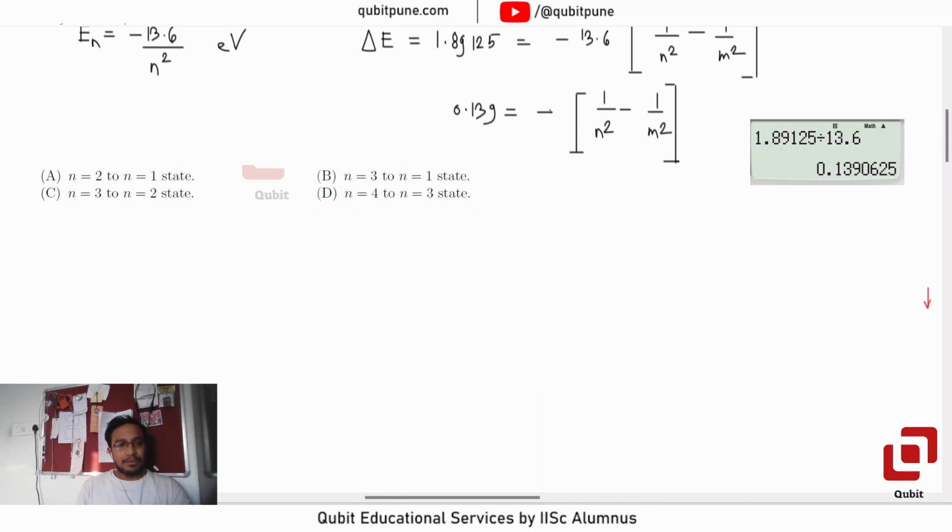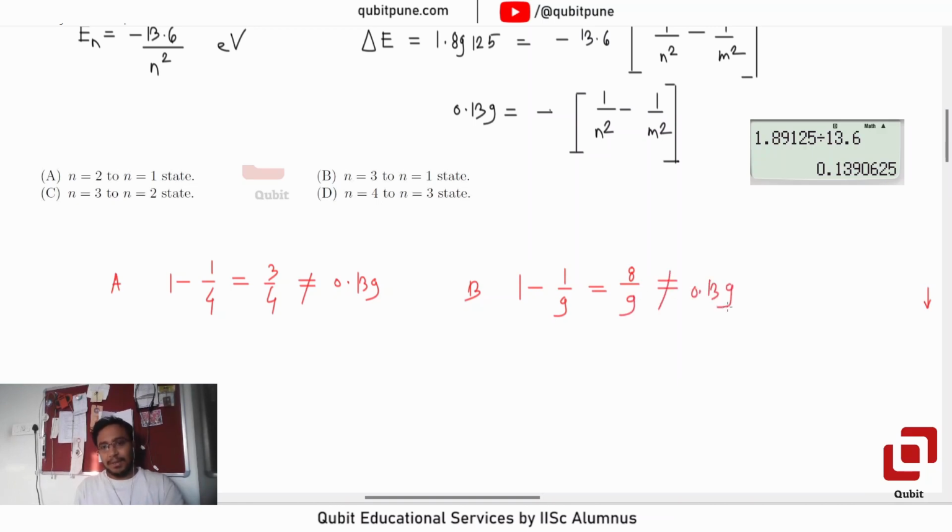For option A, let's calculate 1 minus 1 upon 4. That is 3 by 4, definitely not equal to 0.139. Let's go to B. 3 to 1, so 1 minus 1 upon 9, that is 8 by 9, and that is greater than half, so that's also not equal to 0.139.